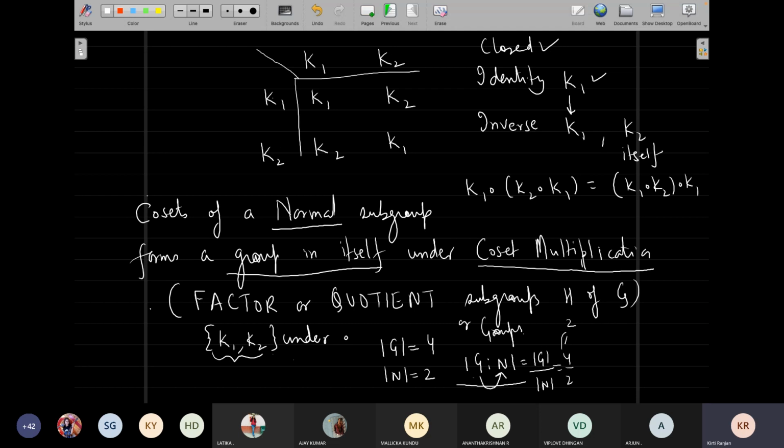In this case, we have identified a normal subgroup. So G colon N, this is the reason for choosing this notation, that we are talking about a factor group of G with respect to a normal subgroup N. Questions here?